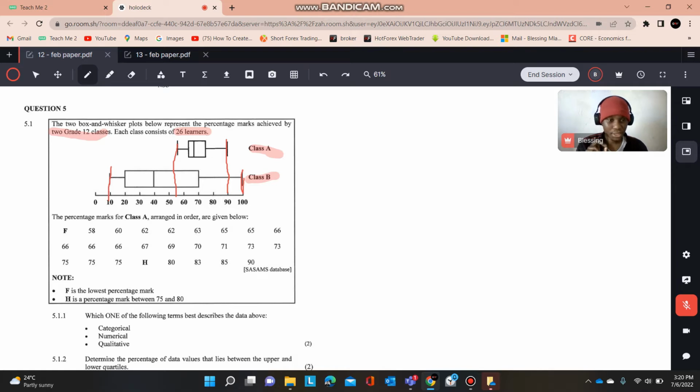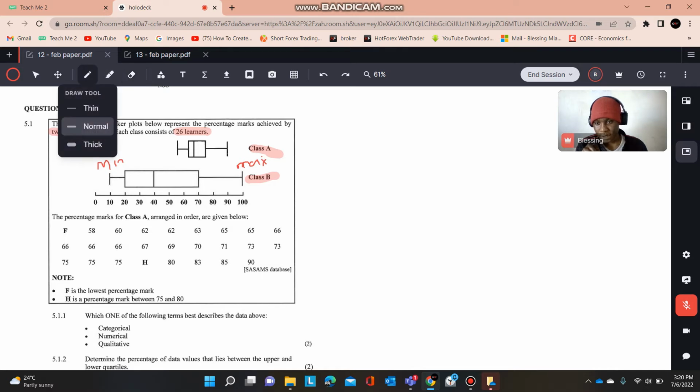So we've analyzed our box and whisker. Another key thing to note is that in the box here, we also get some key information. We said this one represents the minimum, this one represents the maximum mark. I'm just going to do it for class B, but for both classes, the whiskers represent the lowest and the highest mark. And let me just erase this.